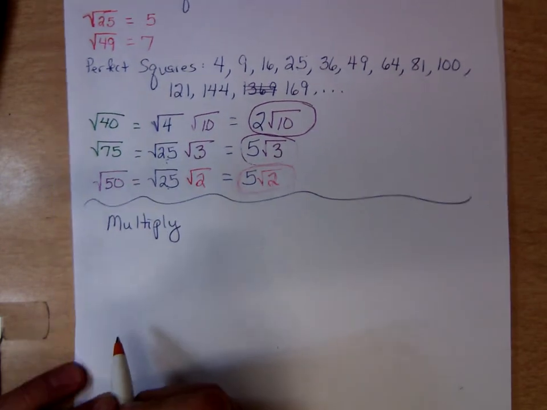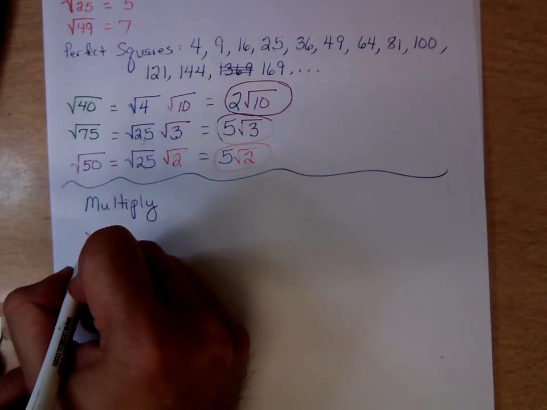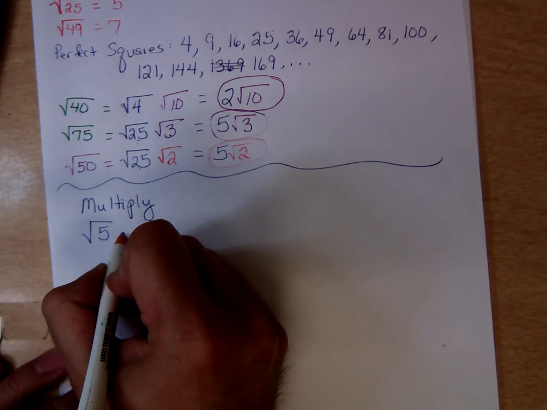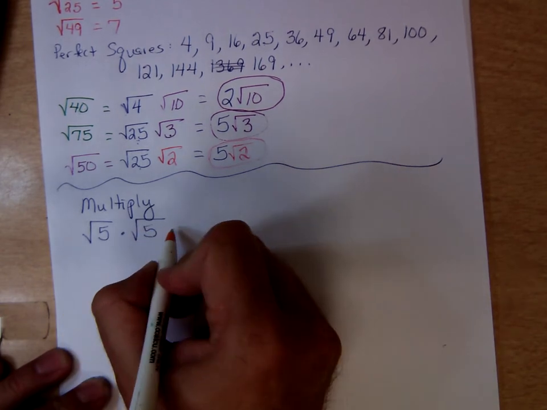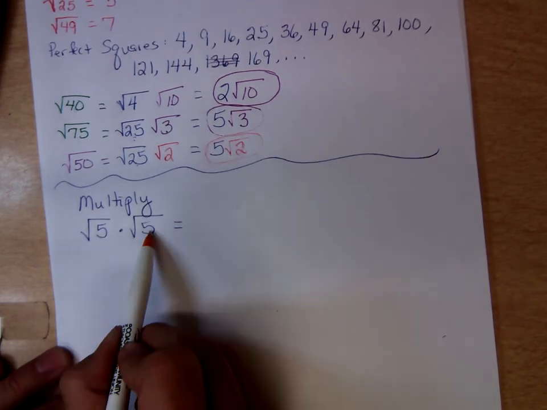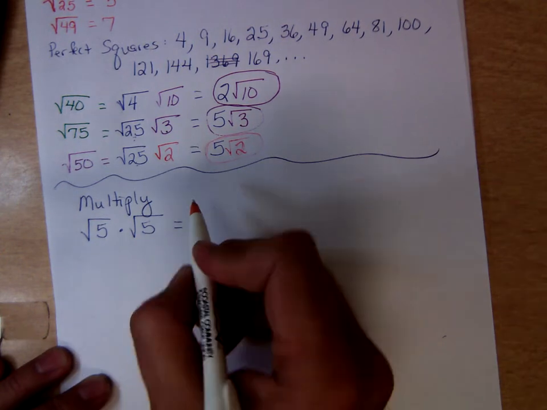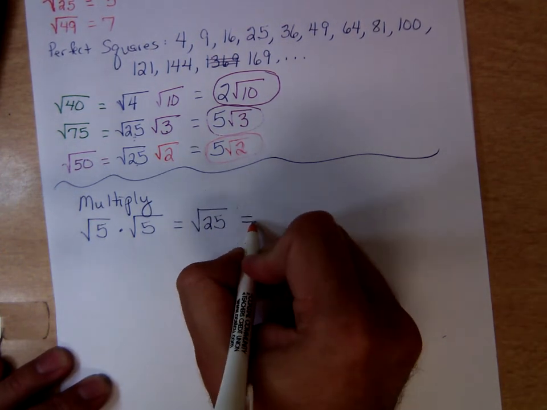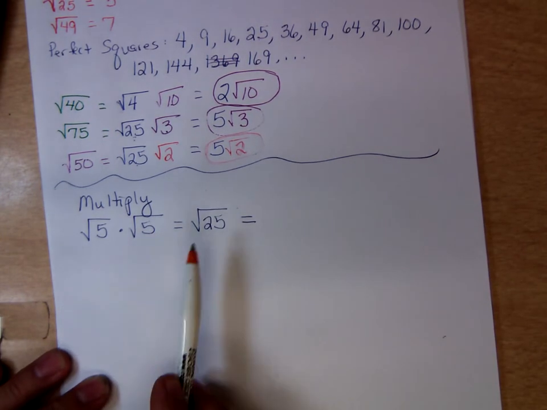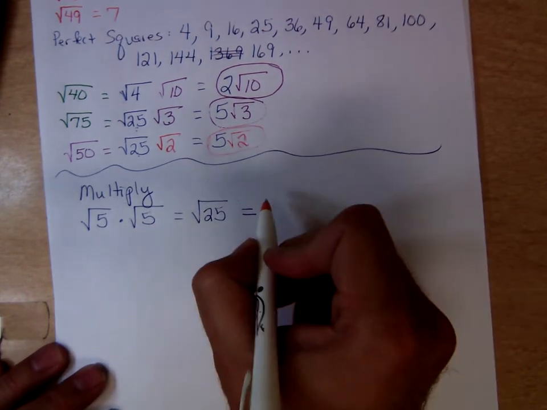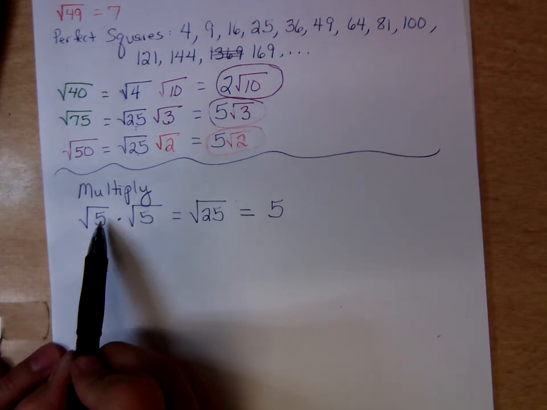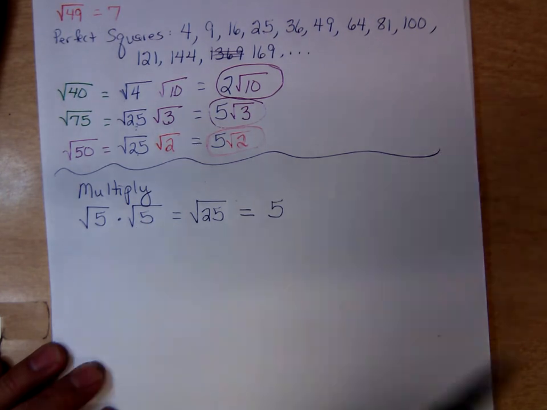Suppose there had been the square root of 5 times the square root of 5. Well, you multiply the 5's together to get a 25, but that can be simplified. The square root of 25 is 5. I'm looking at problems where the number under both square roots is the same, just like on number 13.